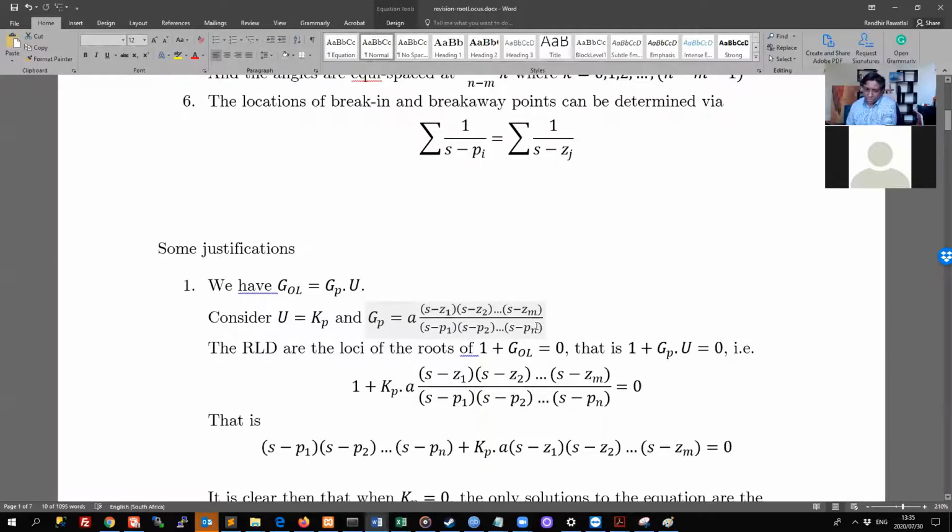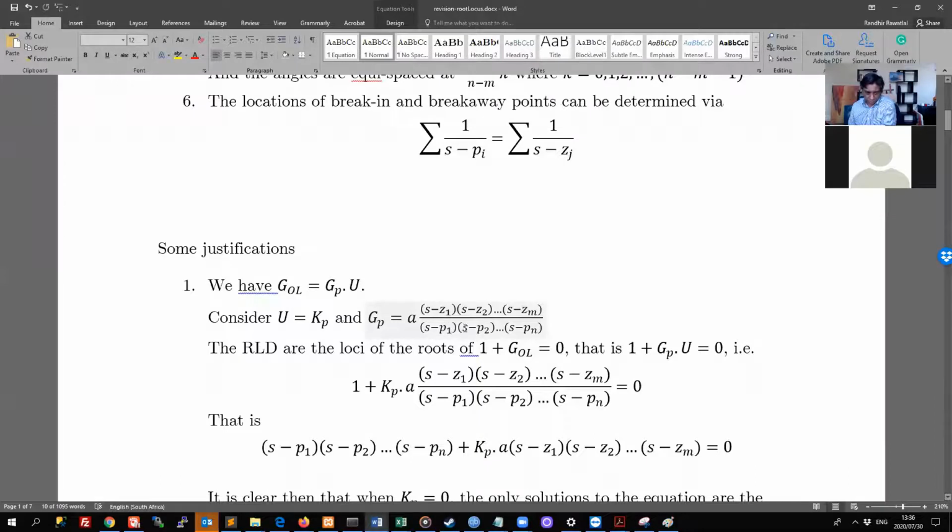Remember we established this, I think, in the second set of notes. We had shown that our process function is usually written as the product of the values which make that function go to 0, so we identify these as zeros, divided by the poles.